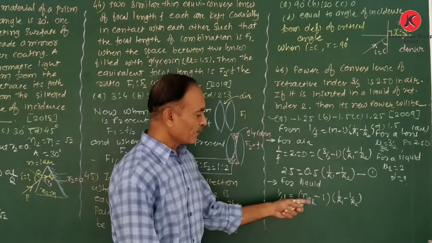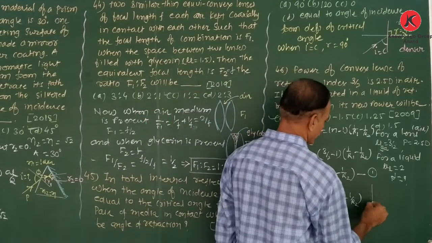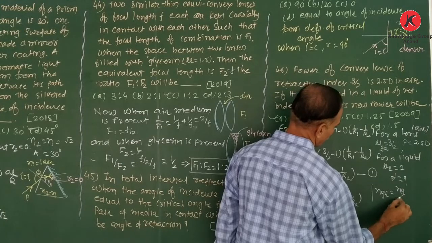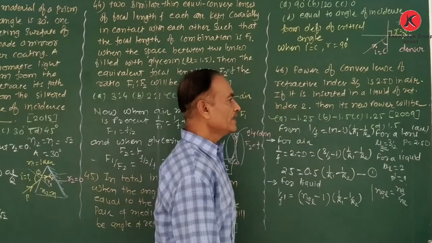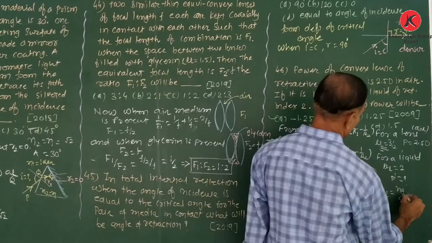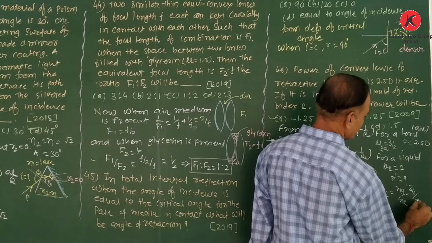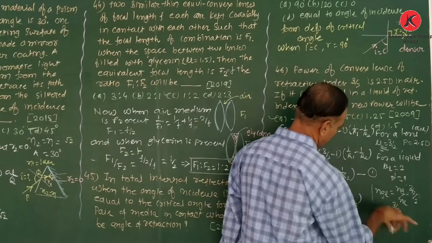Now listen, the important thing is n_gl. n_gl is equal to n_g upon n_l. Now, n_g is given as 3 by 2, and the refractive index of liquid is given as 2. Therefore, 3 by 4.